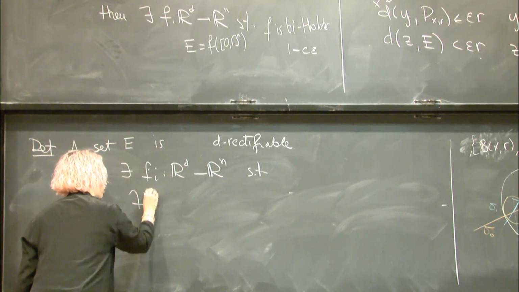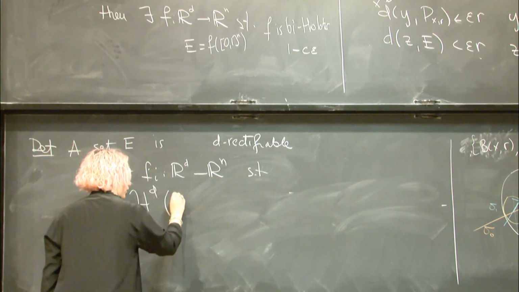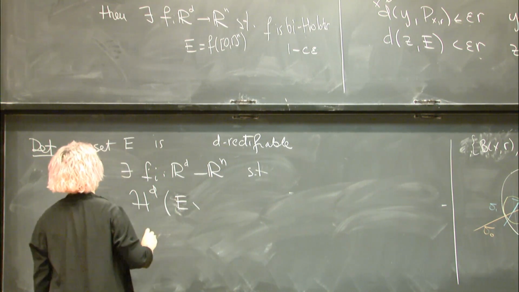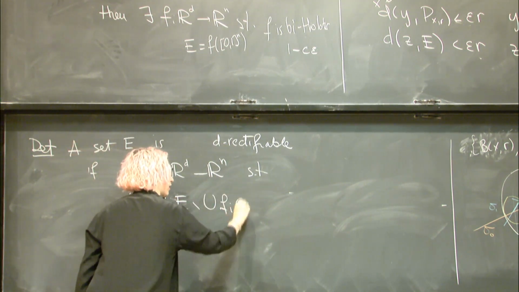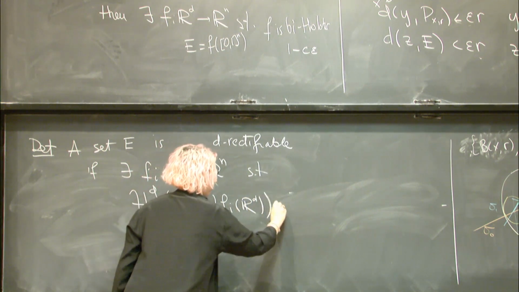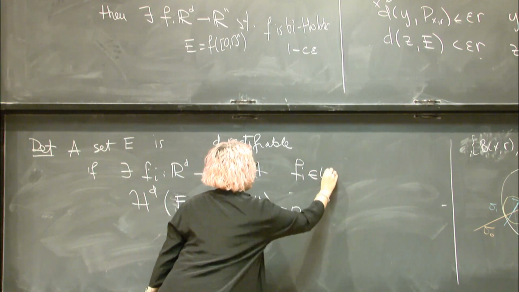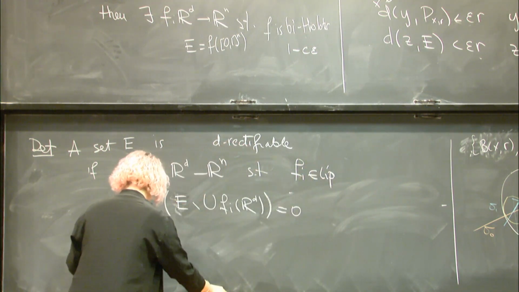So Hd of E minus the union of the images of Fi is 0, and Fi is Lipschitz. All right, you're like, okay, yeah, we all know that.